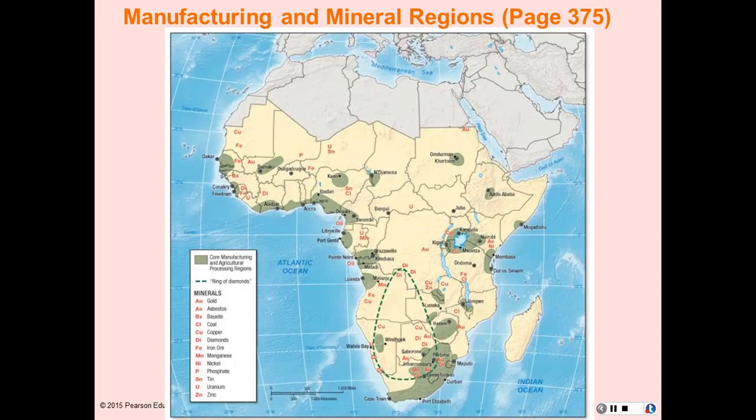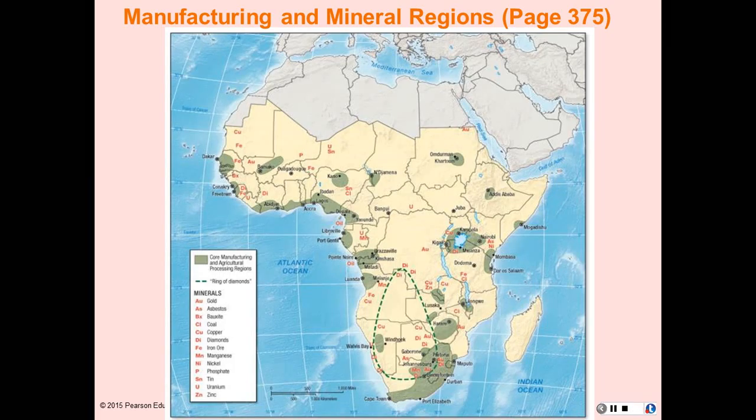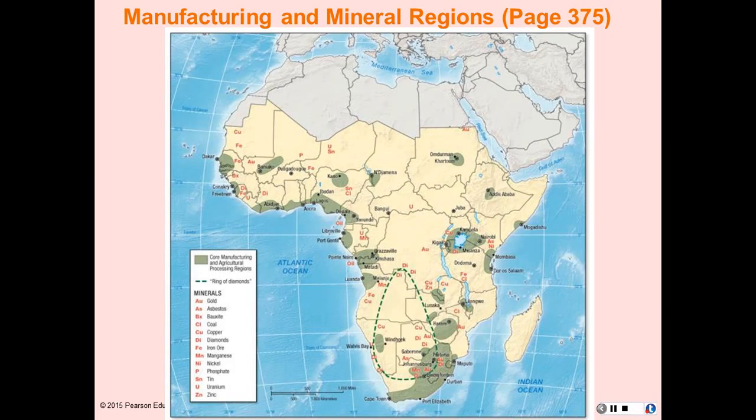Finally, for Lecture 3, let's take a look at the manufacturing and mineral resources. This map is on page 375 of your text. Probably some of the most significant things to jump out would be the Ring of Diamonds, a mineral-rich region around some of the rift zones and desert regions of southern Africa, creating diamonds, gold, magnesium, ferro metals such as iron and copper, just to name a few.